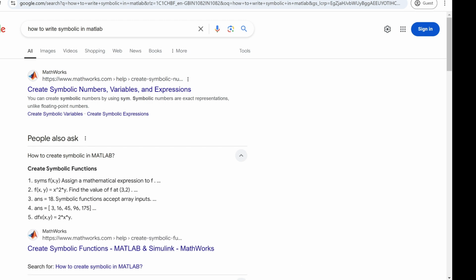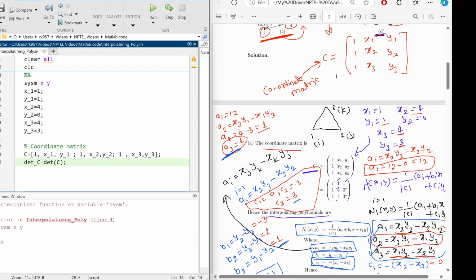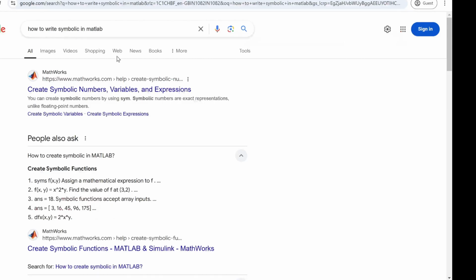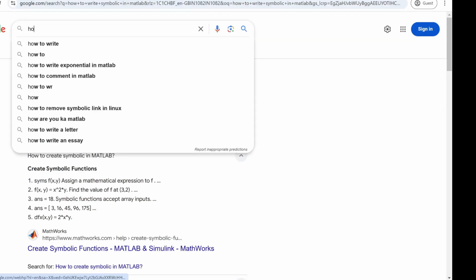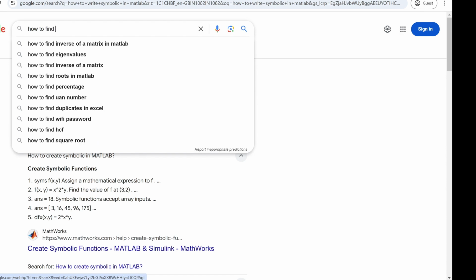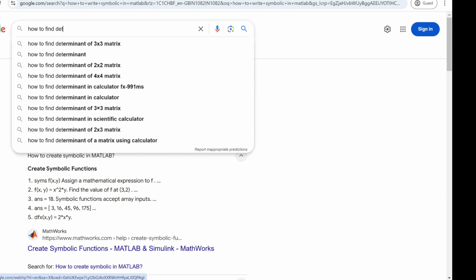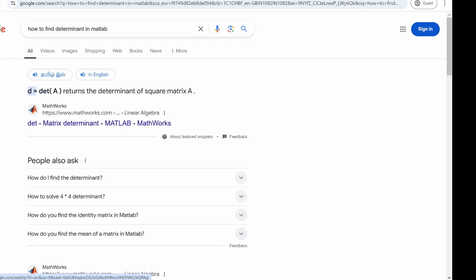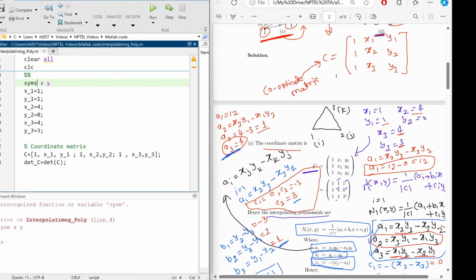Also I missed something. Syms. Okay, one more thing: how to find determinant in MATLAB. So we have to write that. Yeah, we were writing correctly.